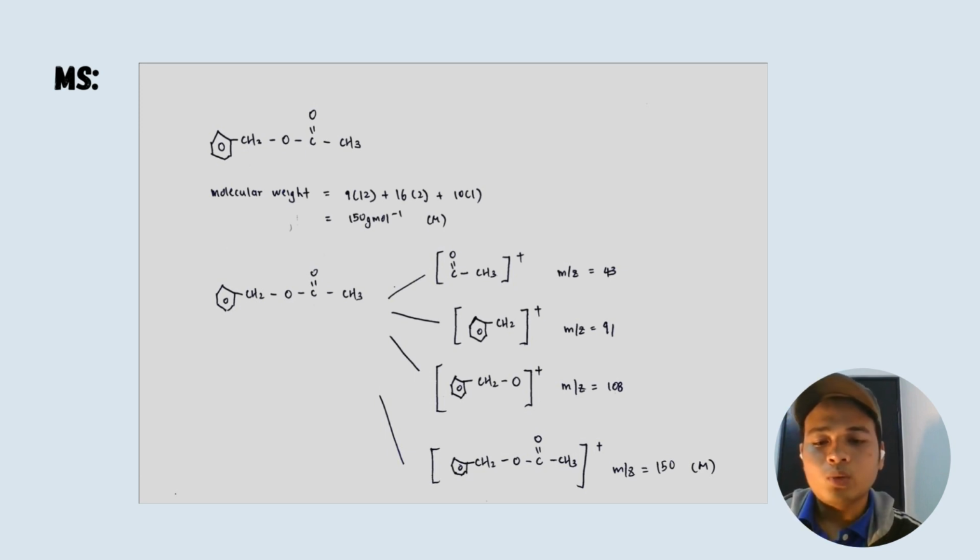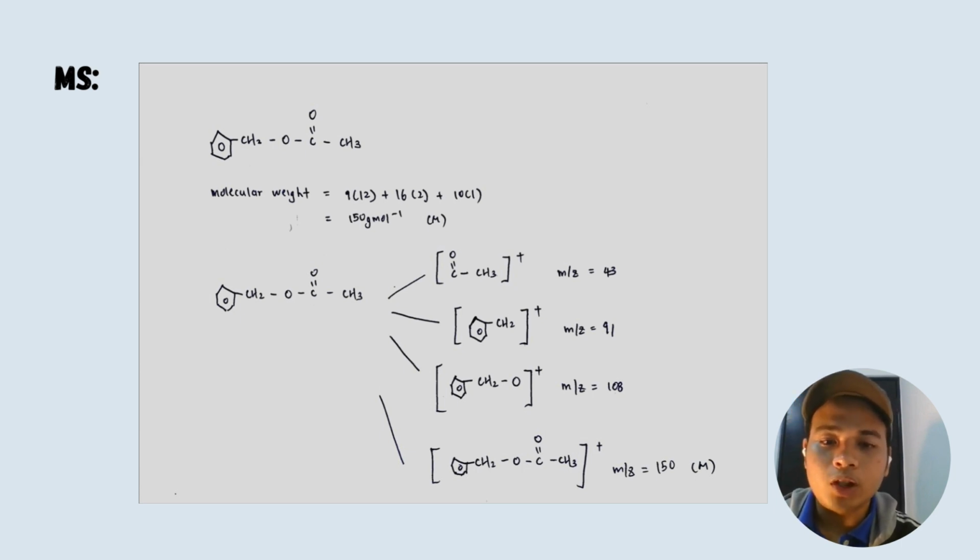Referring to the table with the 4 peaks given, we were able to identify the following ions. C double bond O bonded with CH3 has an m/z value of 43. Next is benzene bonded with CH2 has an m/z value of 91.